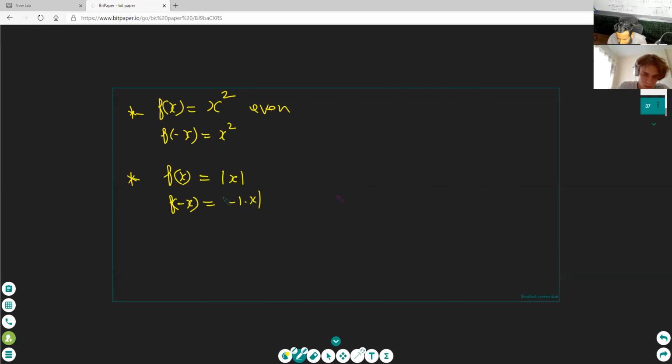Okay, we can write the absolute value. This is also a formula. Understand this formula: the absolute value of two functions that are multiplied, we can write as the product of their absolute values. Then the absolute value of minus 1 and the absolute value of x. Tell me the absolute value of minus 1.